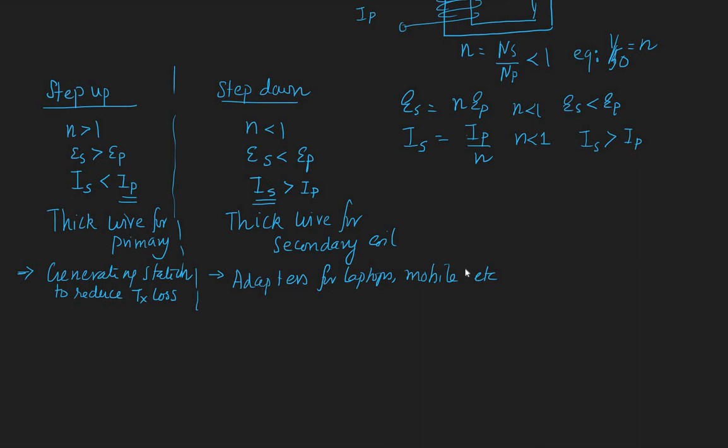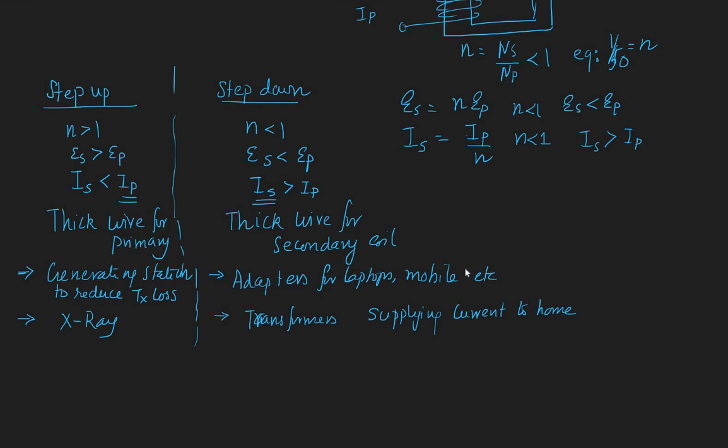The other examples for step up would be high voltage production of X-rays. You need very high voltage, so you bump up the voltage. And an example for step-down transformers would be transformers supplying current to homes.